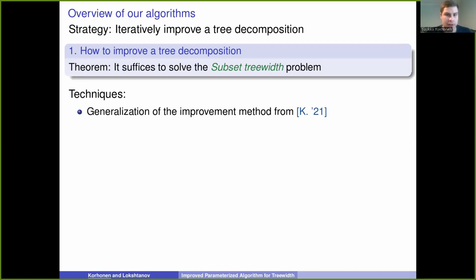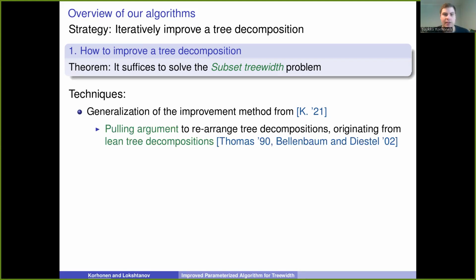The technique for this is basically a generalization of the tree decomposition improvement method from my 2-approximation algorithm from '21. There we could improve a tree decomposition up until 2-approximation, but with this subset Treewidth problem, we can improve it until the Treewidth is exactly the width of the decomposition.